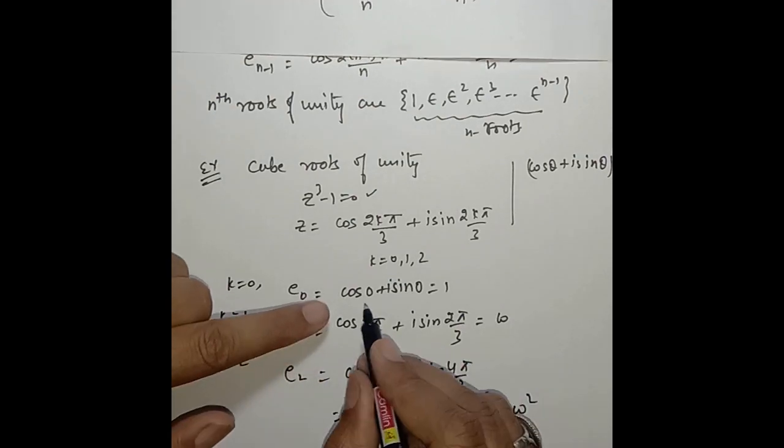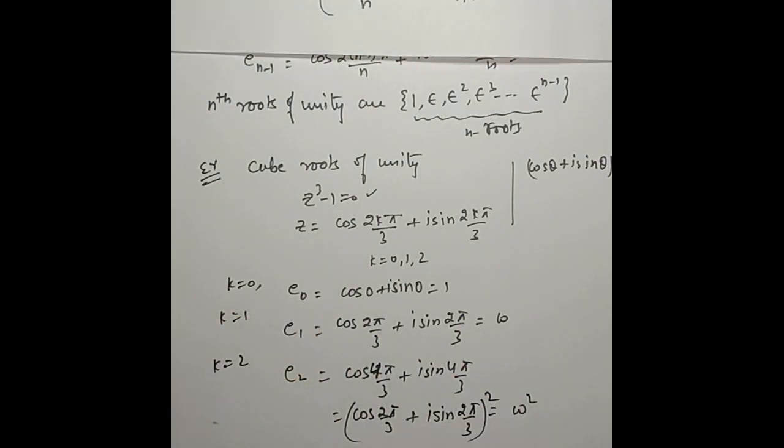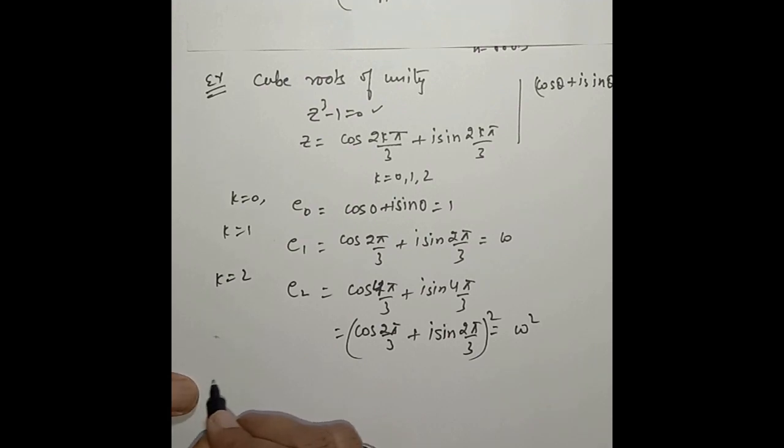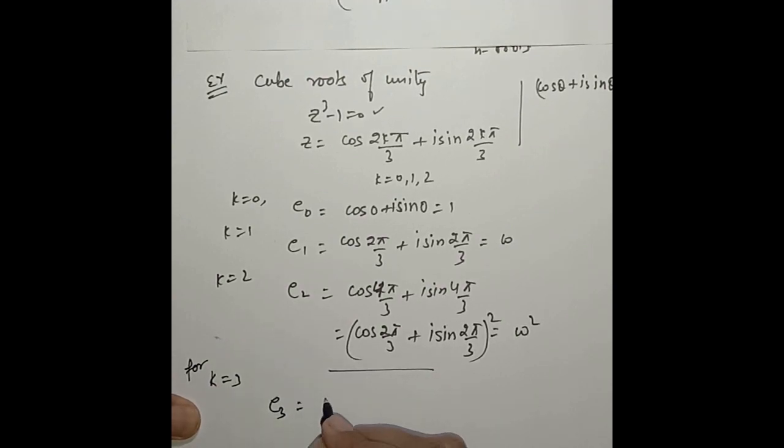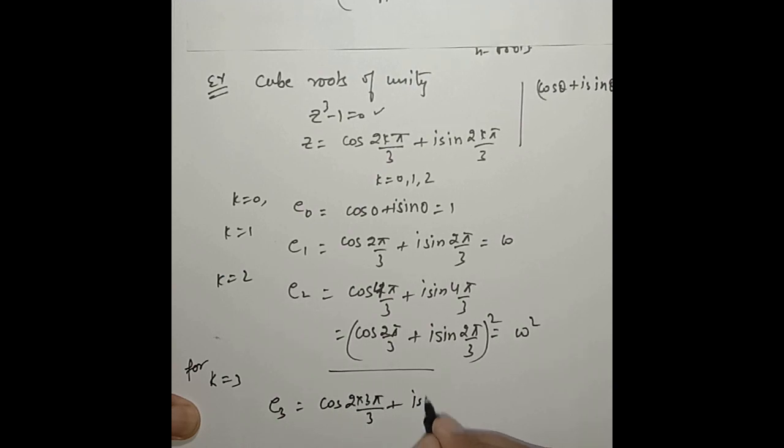I am trying to say for k equal to 3, e3 is cos (2 into 3π/3) plus i sin (2 into 3π/3).